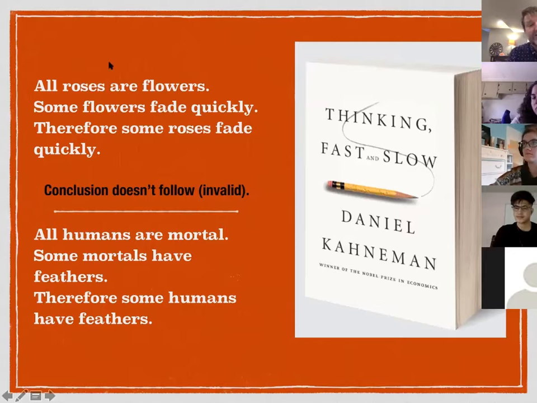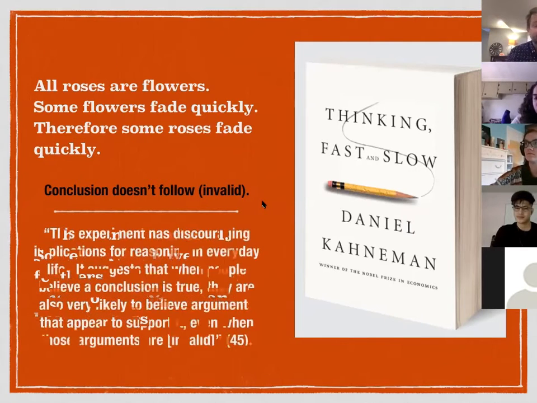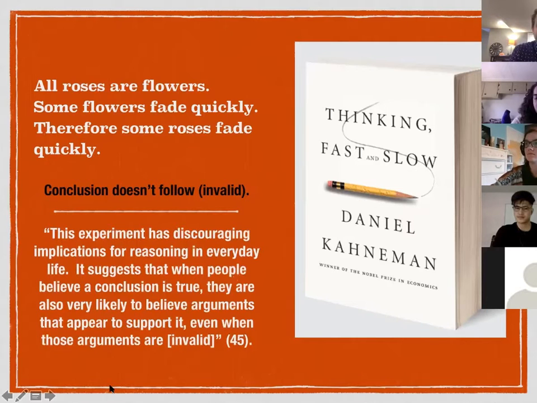And something similar is going on here. So Kahneman writes, this experiment has discouraging implications for reasoning in everyday life. It suggests that when people believe a conclusion is true, they are also very likely to believe arguments that appear to support it, even when those arguments are invalid. Okay?